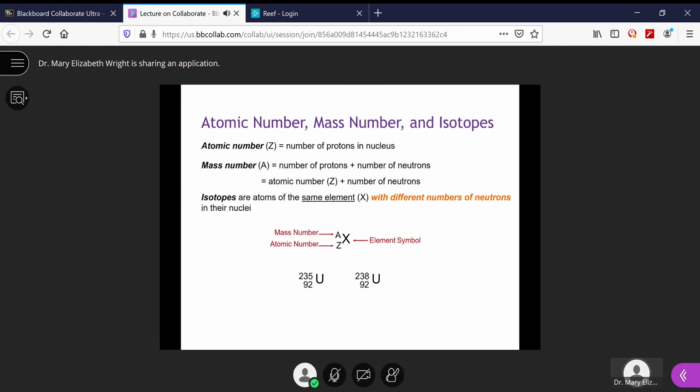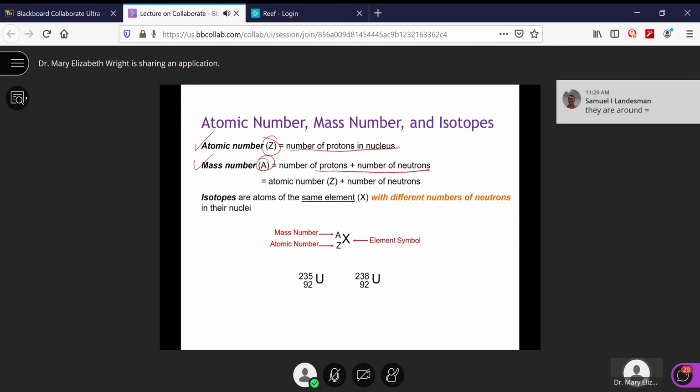So this is where we differentiate between the atomic number Z, which represents the number of protons in the nucleus, and the mass number A, which represents the number of protons and the number of neutrons. So does anyone remember what I said earlier about the relationship between the number of neutrons to number of protons? Just kind of a little check. What did I say about that?